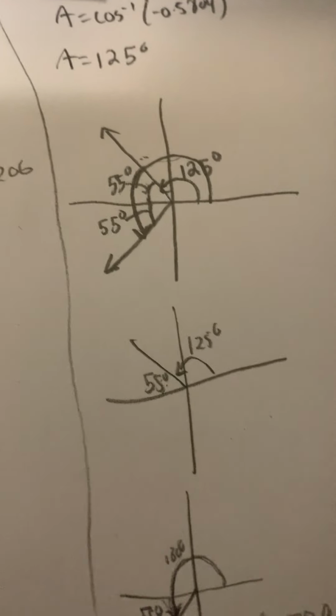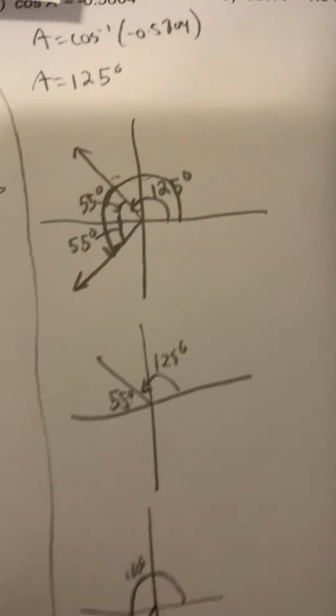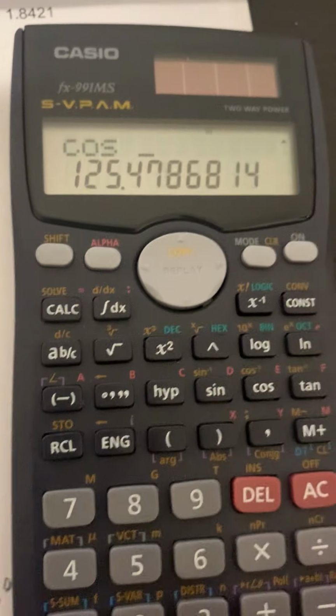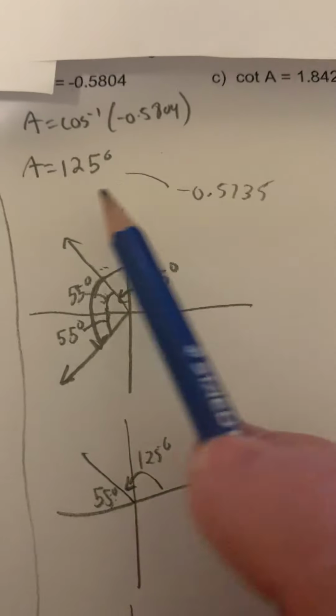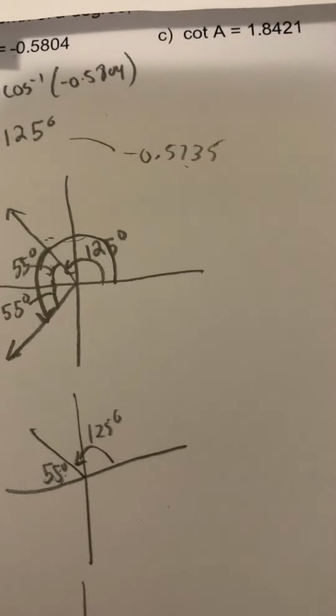Okay, and just to prove it, we can always check. So we get cos 125, which gives us negative 0.5735. I know it's supposed to be 5/8, but that's close enough because we rounded.